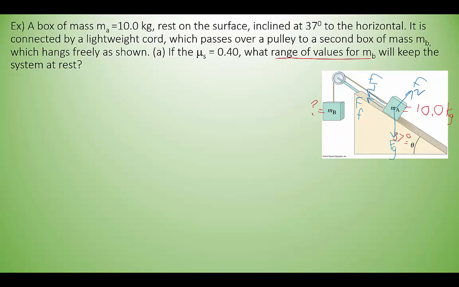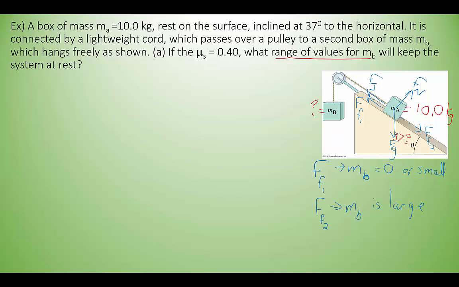I'm going to call this force of friction 1, for when the mass of B must be super small, 0 or small. And I'm going to put in dotted force of friction 2, which is when MB is large enough.